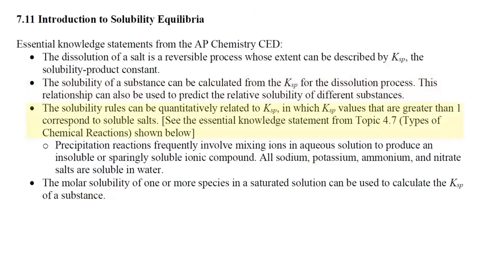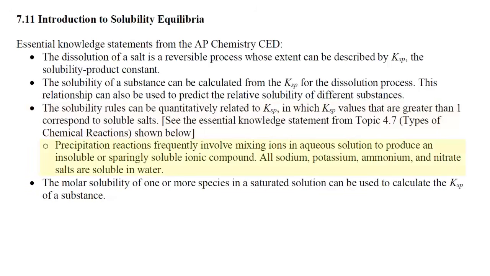The solubility rules can be quantitatively related to Ksp, in which Ksp values that are greater than 1 correspond to soluble salts. See the essential knowledge statement from topic 4.7, Types of Chemical Reactions, shown below.